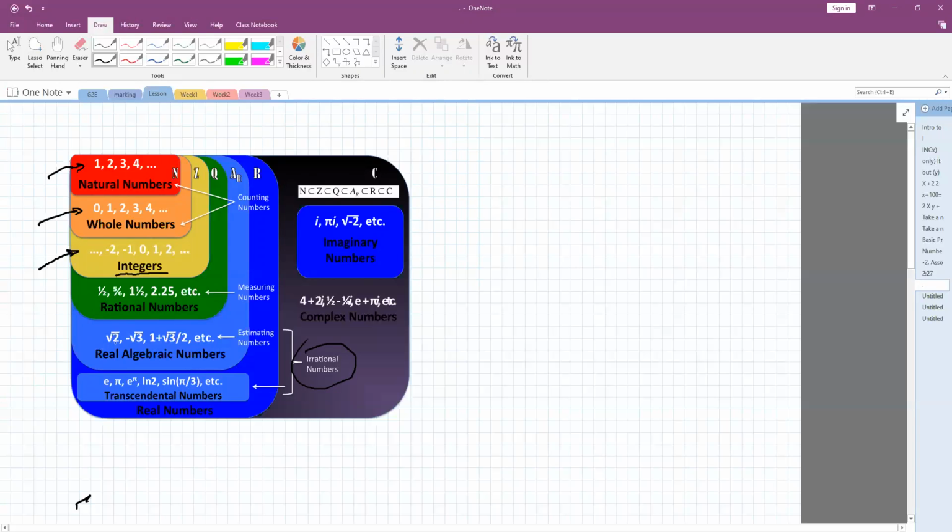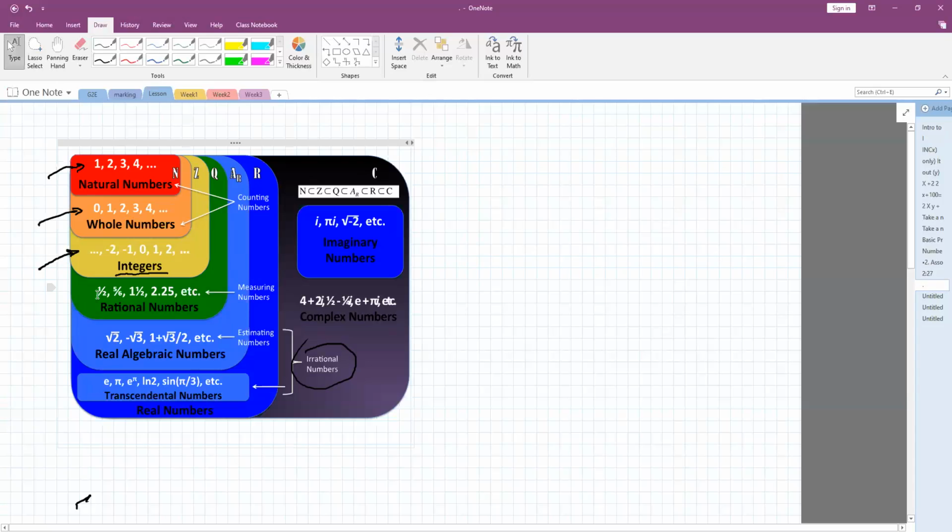But let's not worry about these irrational numbers at the moment. At this time, what you need to know is natural numbers, because these are important, and then whole numbers and integers, because they are important.